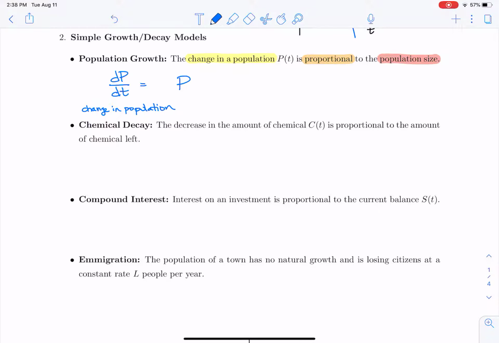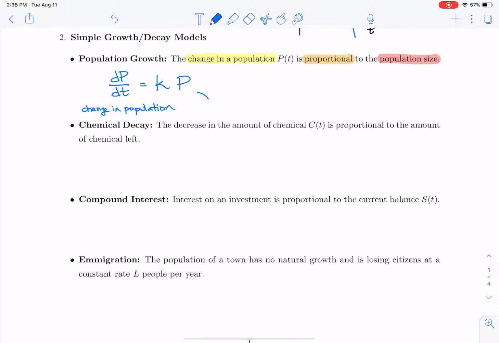Now, what does proportional to mean? When two quantities are proportional, what we're really saying is that one of those quantities is a constant multiple of the other. So in this case, dP/dt is a multiple of P because it's proportional to P. So dP/dt is some constant, I'll use the constant k, times P. And so we've now taken these words and turned them into a differential equation.